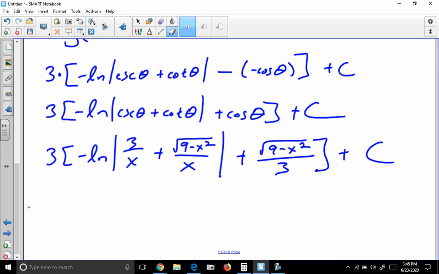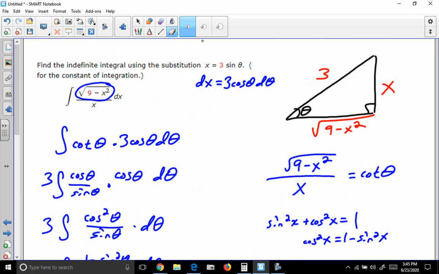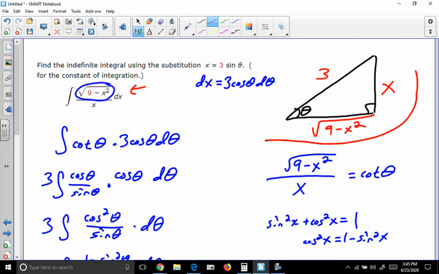So the whole key here is how we are going to take what we have in terms of x's and make a substitution using our triangle to convert it into trig functions. If you didn't recognize right off the bat that the radical over x is this side over that side, which is cotangent, you wouldn't have to go straight to that.